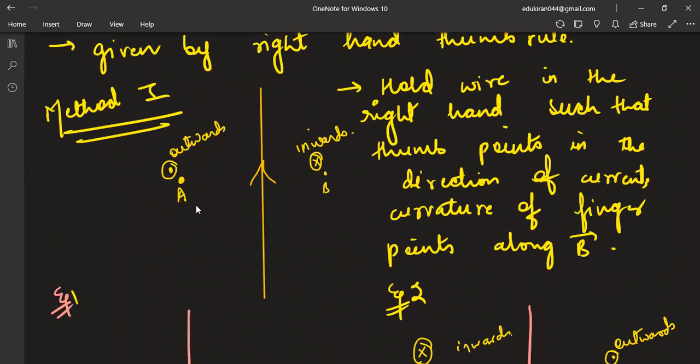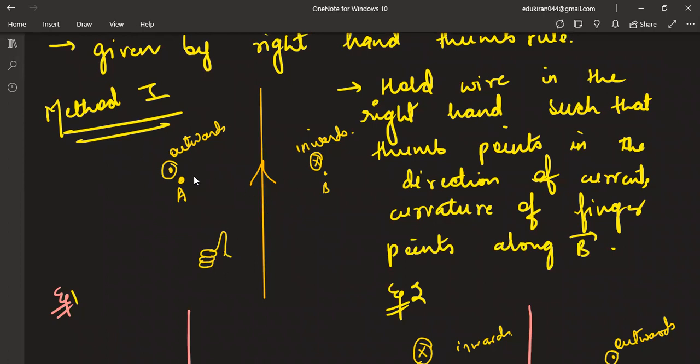I can do it by two methods. First method: if I hold the wire in such a way that the thumb is pointing upwards, the fingers will be curled like this.